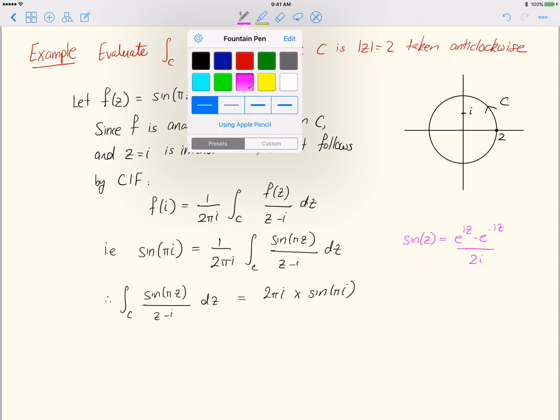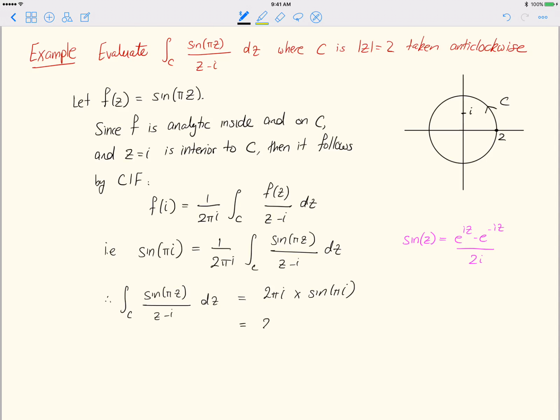If I use that definition, pi i times i is going to be negative pi, and negative i multiplied by pi i will give positive pi, all over 2i. Now the 2i is going to cancel, so I'm just going to be left with this. And that's my answer.